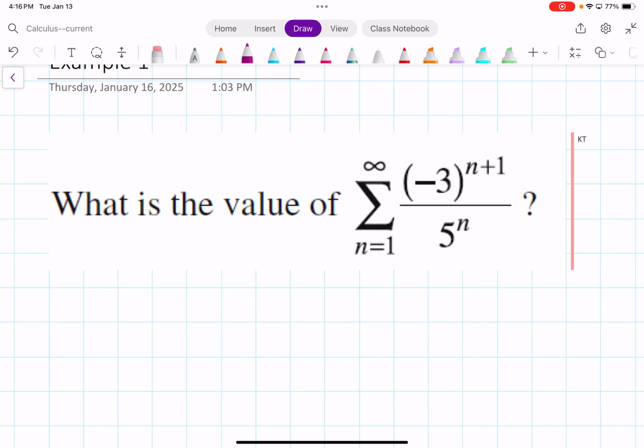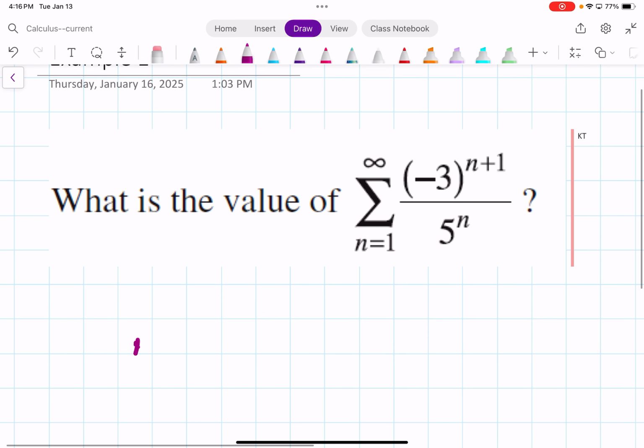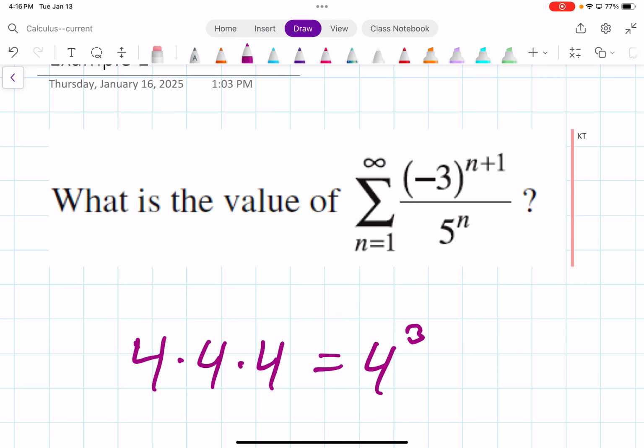So what I mean by that is if I would say 4 times 4 times 4, this is 4 cubed, right? And if I would multiply by another 4 squared, wouldn't I add the exponents together? And that would be 5 4s, right?